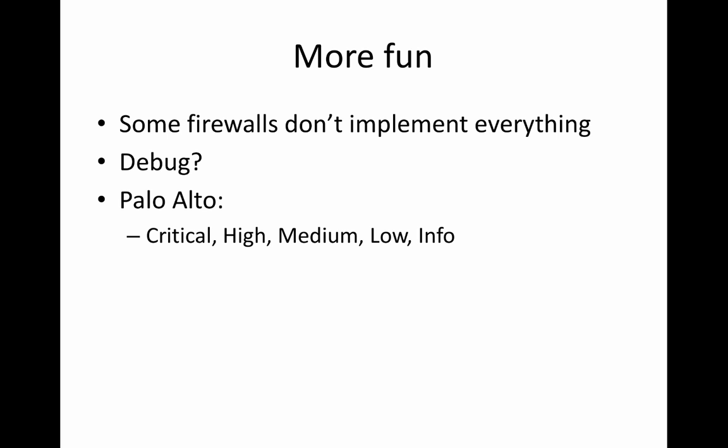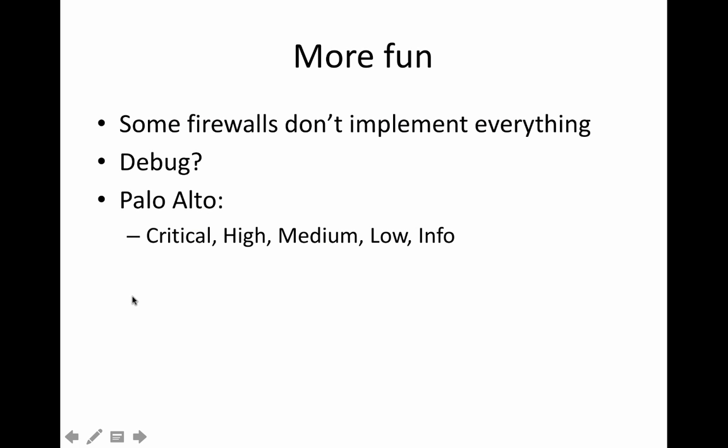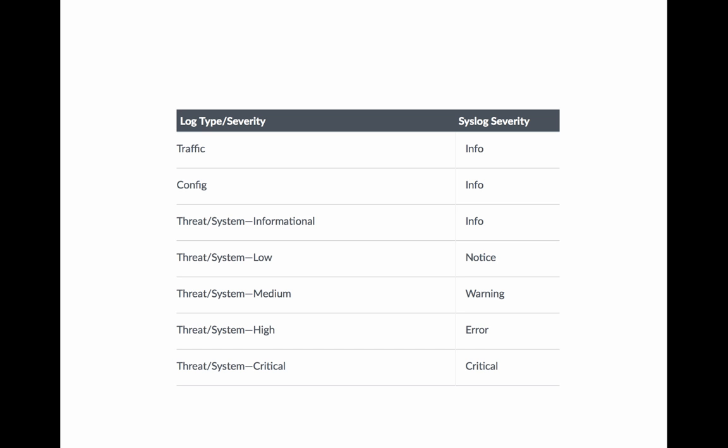Of course, with anything that's been standardized, you have your list of vendors that don't follow the standard, which in the case of a firewall is kind of okay. Palo Alto just does critical, high, medium, low, because at a certain point you just don't need that many different categories.